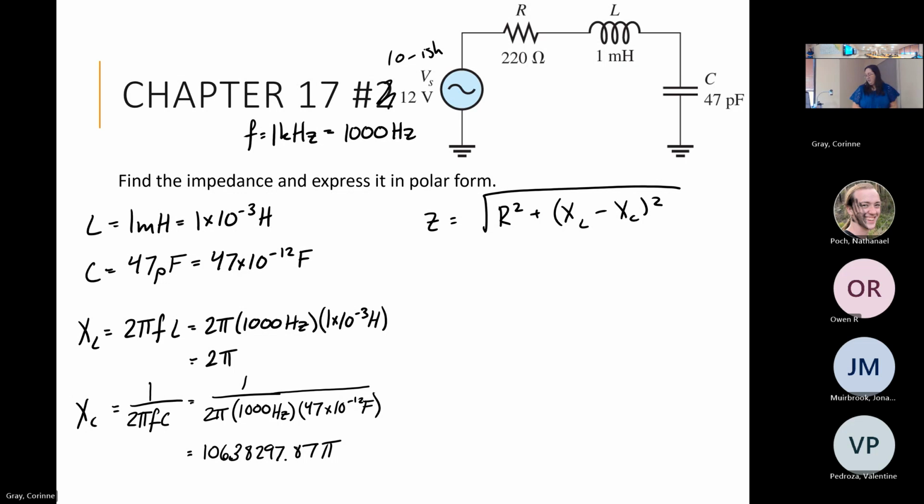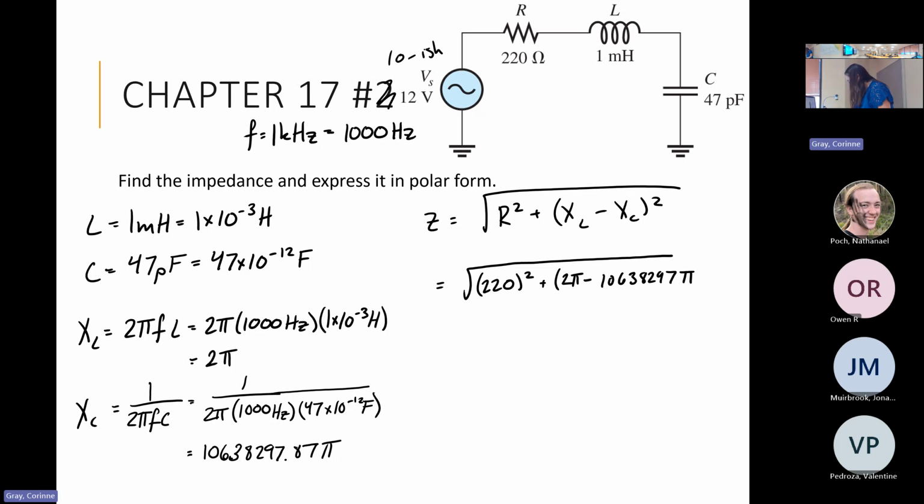That's okay. All right, so now that I have all of these unhealthy values, we're gonna go through and plug them in here. Did I need to do anything with my resistance value? So we're gonna have 220 ohms. I'm gonna drop the ohms on that. I'm gonna have 2 pi minus that. I'm gonna drop the decimals on that large number there, because they won't matter.